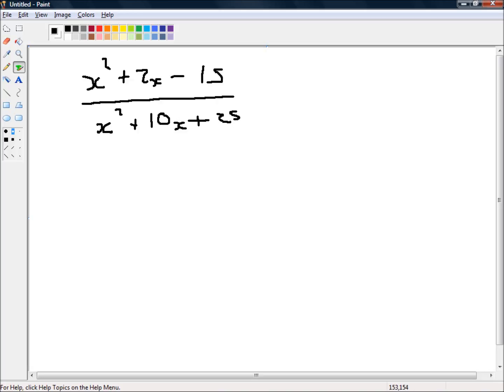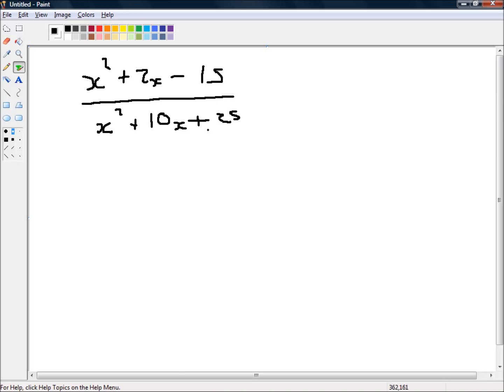Now, when we put a quadratic equation or any kind of algebraic expression on the denominator, we must try to find what will make that denominator equal to 0 so that we can say that x does not equal that thing. Otherwise, the whole fraction is undefined.